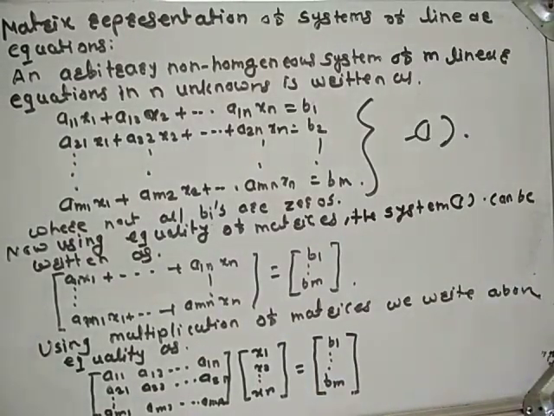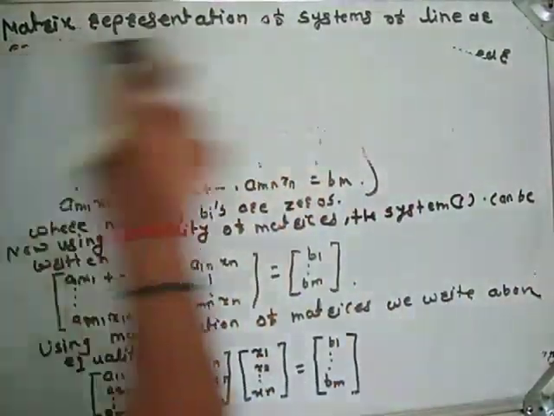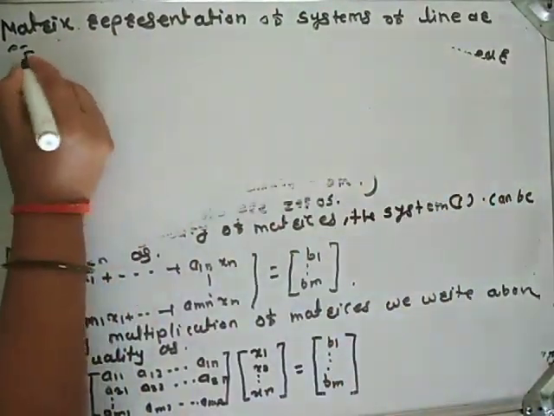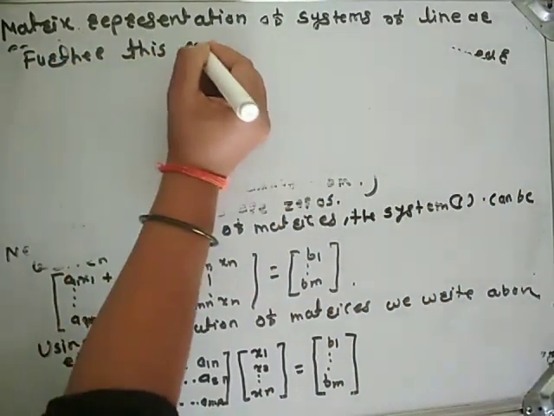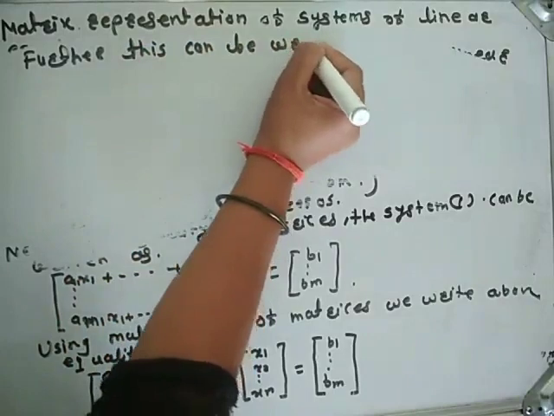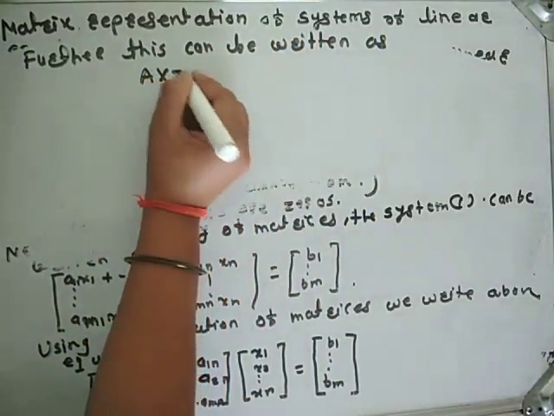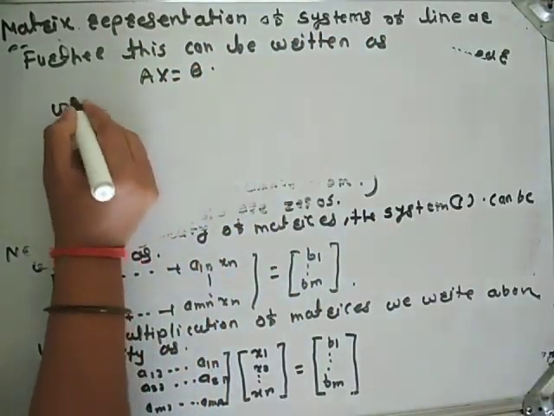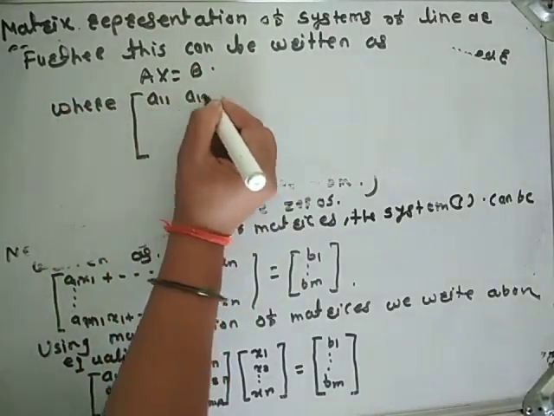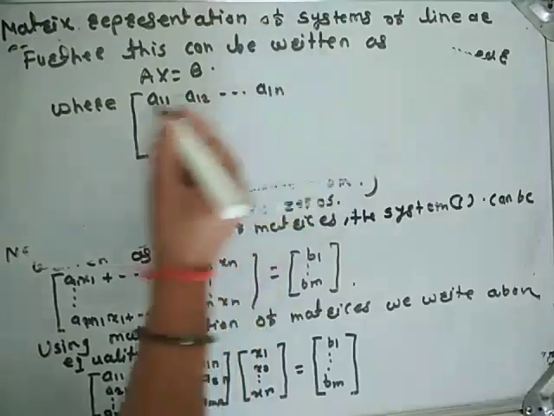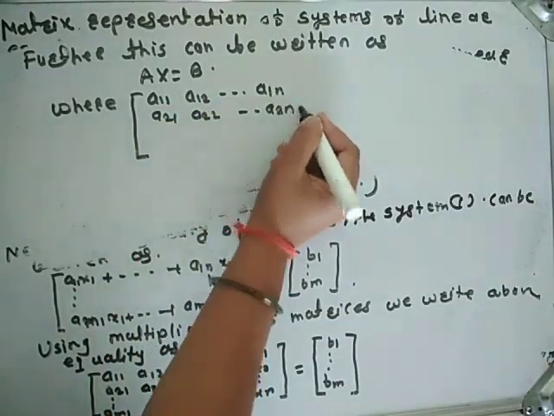Further, this can be written as A into X is equals to B, where A matrix is a11, a12 and so on up to a1n, a21, a22 and so on up to a2n.